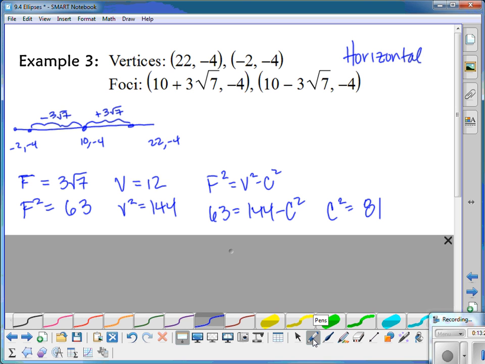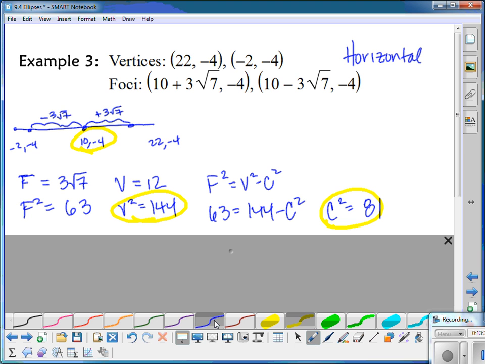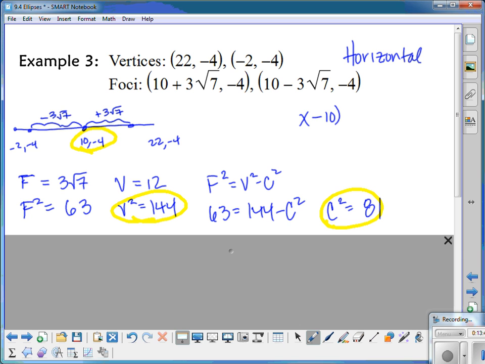I've got my c squared, I've got my v squared, and I have my center at (10, -4). So it's horizontal, so (x minus 10) squared will be over 144. And then (y plus 4) squared is over 81, and that equals 1.